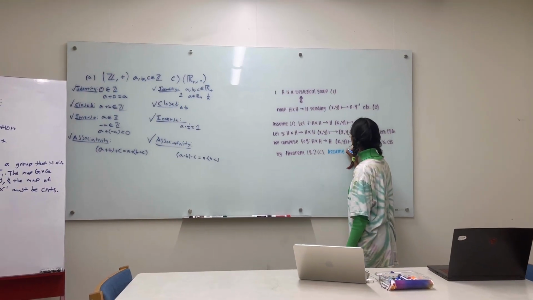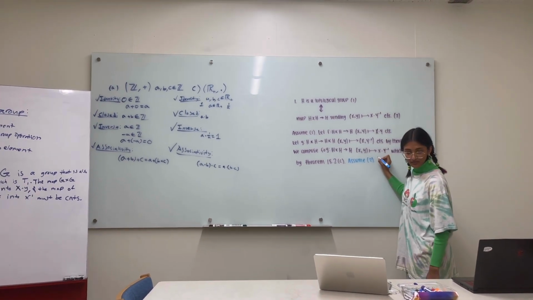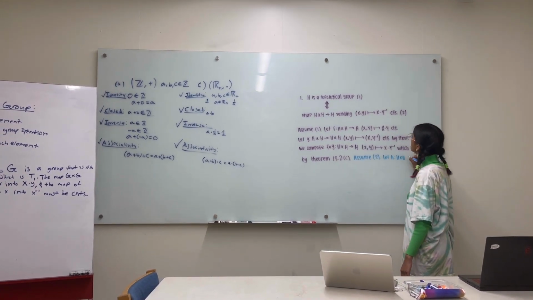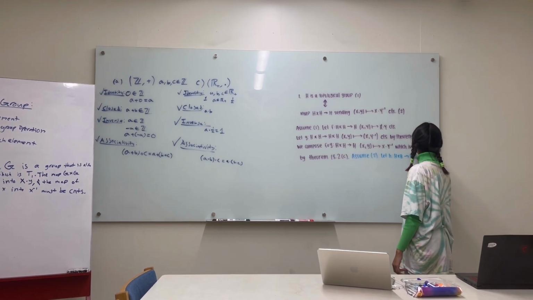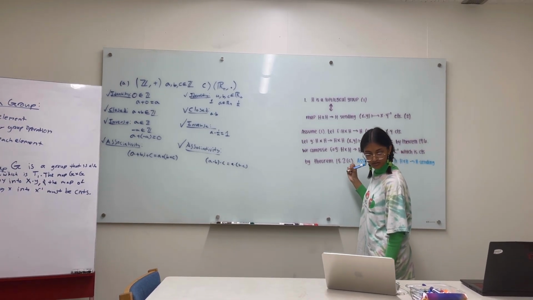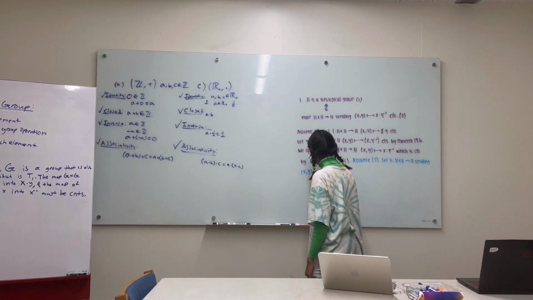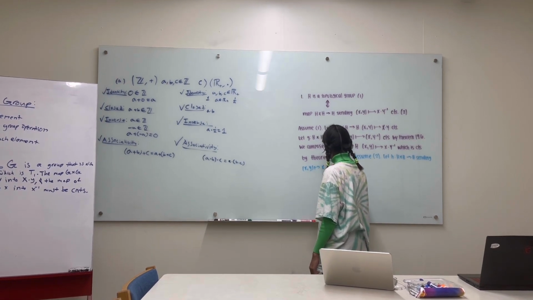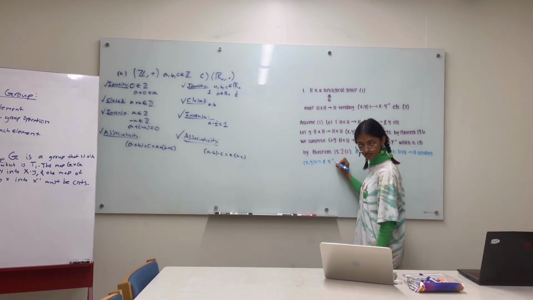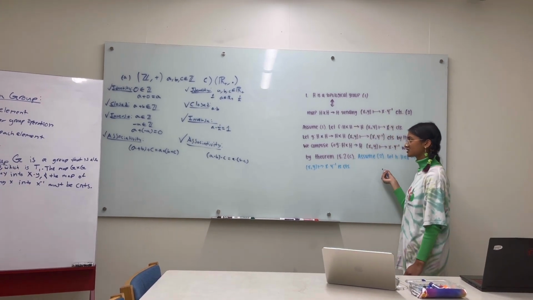Okay, now we're going to assume 2 and work our way to 1. So if we assume 2, then we know that this map is continuous by assumption.